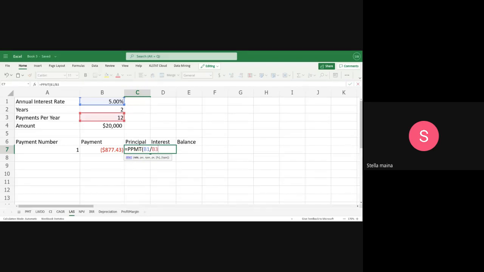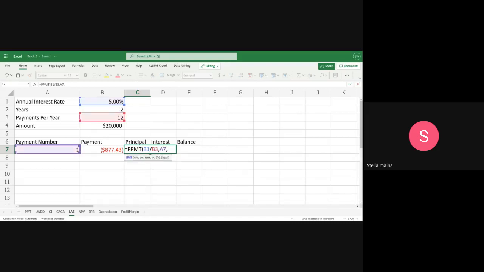You're definitely dividing that by the number of payments per year, so I don't have to specify that to be 12. It's already there. And then, comma. So I'm finding the principal for the first payment, which I've already highlighted as A7. So I'm just going to pick that directly, A7.